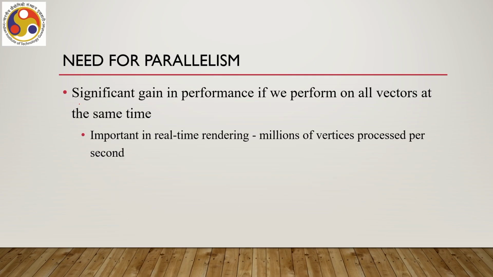We can have significant gain in performance if we perform such multiplications on all vectors at the same time. If it is not done at the same time, then it will be much slower, and that significant gain is important in real time rendering because millions of vertices need to be processed per second. The number may be even more when we are talking of realistic immersive experiences.